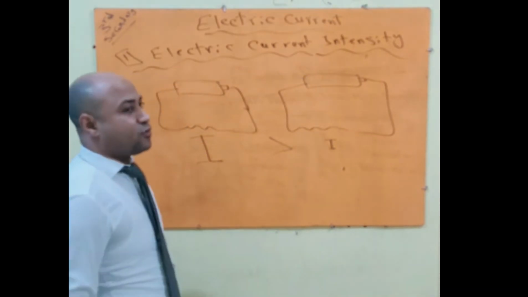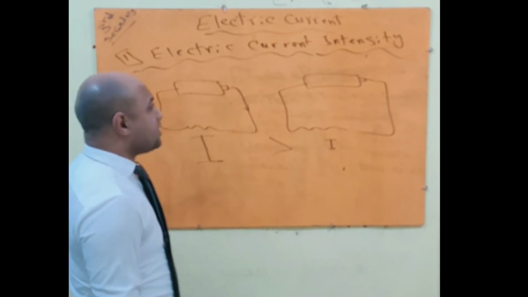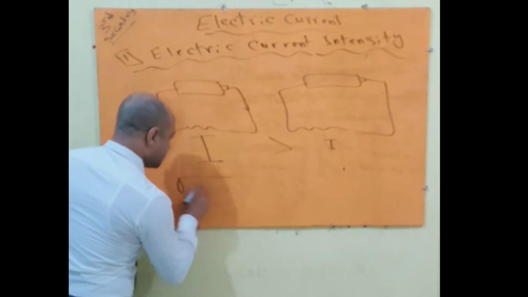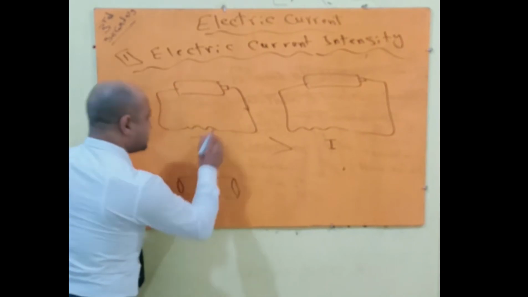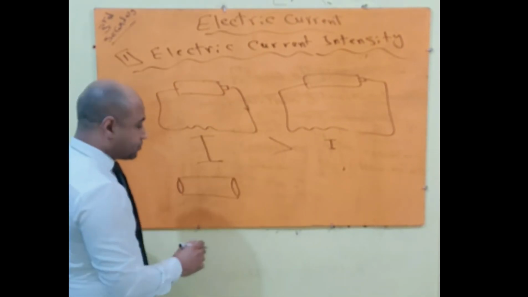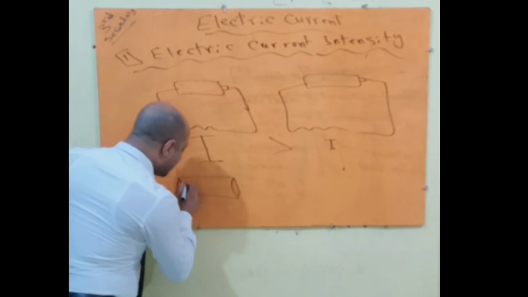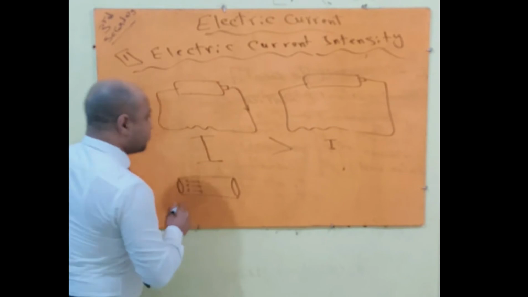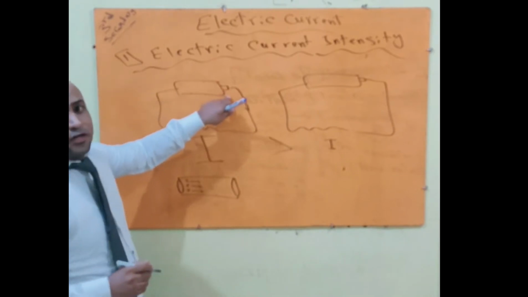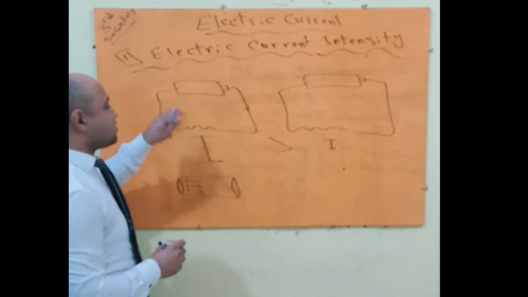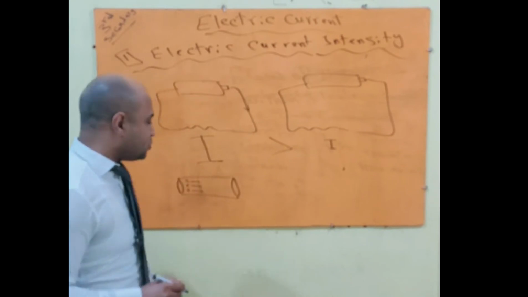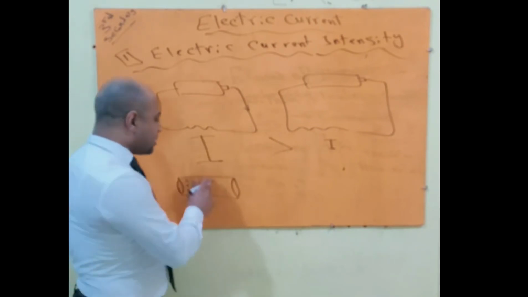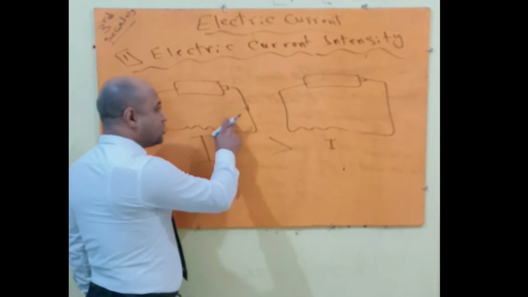What is the difference between them? Electric current intensity is the number of electric charges. Consider this wire: inside the wire there are electrons moving from the point of higher electric potential towards the point of lower electric potential. So electrons move inside this wire. Okay, what is the difference between this circuit and this circuit?